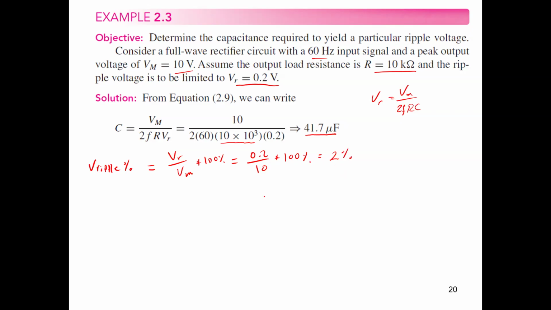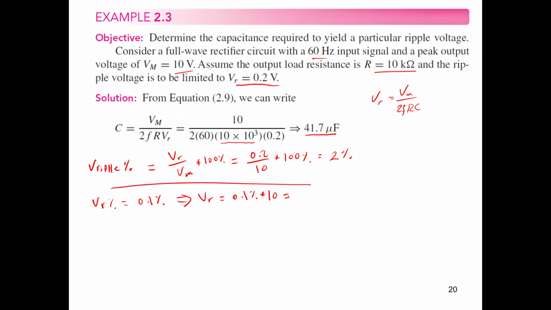Let's calculate this together, guys. I'm going to assume now that I need V ripple percent equals 0.1%. So this means I need VR to be 0.1% times our V maximum.